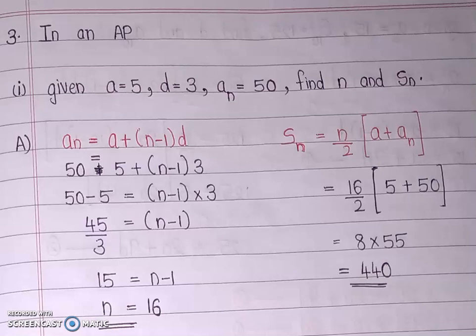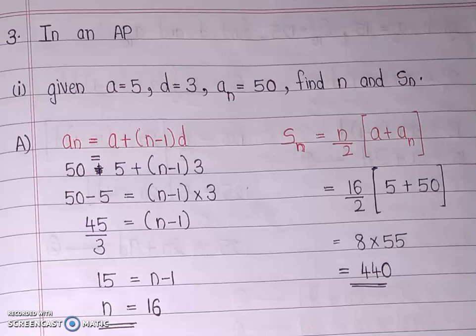So again I am telling you, the first thing you have to do is write down the information given in your question. You will get 3 known quantities and the fourth quantity as unknown. So you have to choose that equation which gives you the fourth quantity as unknown and all the 3 quantities known.